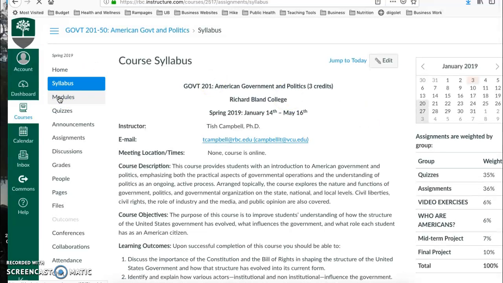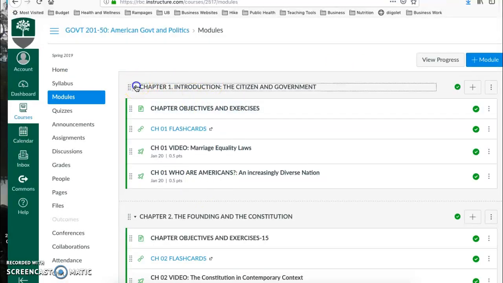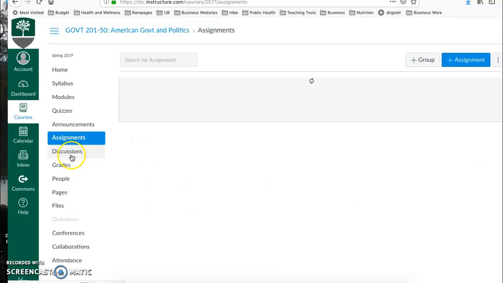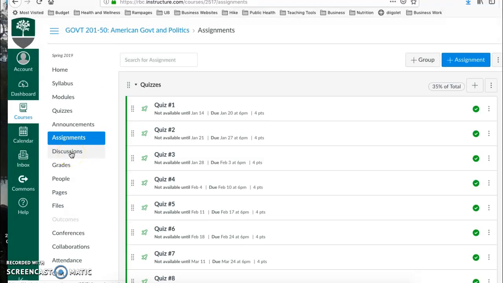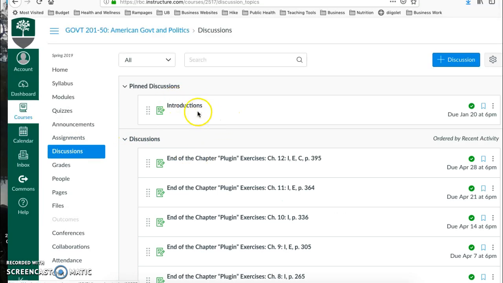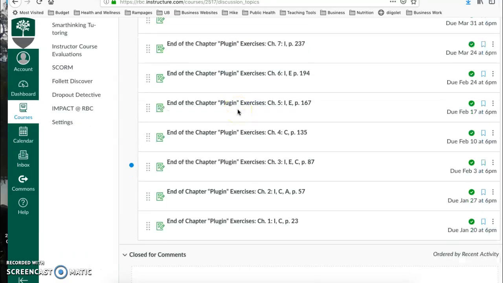Okay, so modules. I won't bore you too much with this. The modules are by chapter. Here are the quizzes and announcements. I think we're going to have to go to discussions. Yeah, those are the quizzes. They become available just during the week in which they're due. So we have the introductions, and then you have your plug-in assignments.